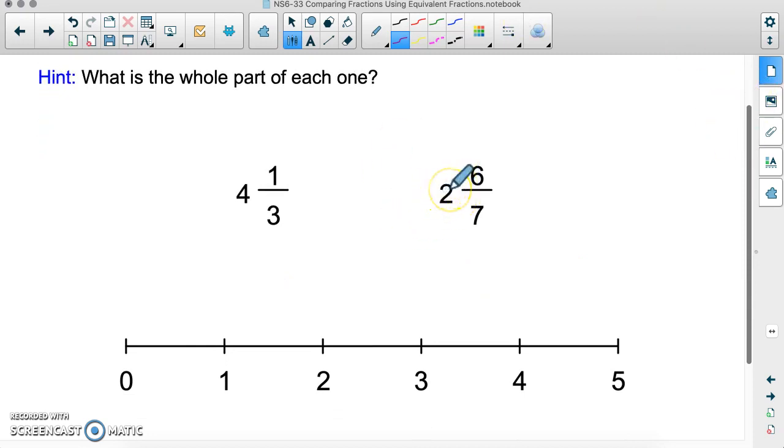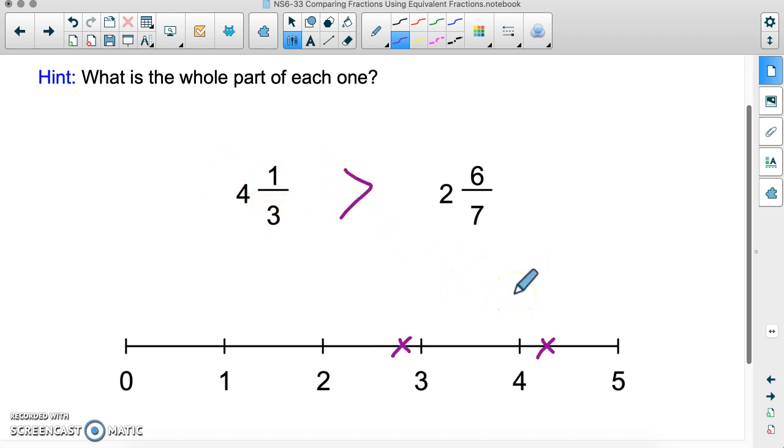So if you want to show them on the number line, 4 1/3 would be on the right because it's greater than 4, so it would be about here. I'm marking the other one. And then 2 6/7 would be just below 3, so it would be where this x is here. So a mixed number with a greater whole number part is greater. We don't even need to compare the fractions. We can see that this one is greater because it has a greater whole number.